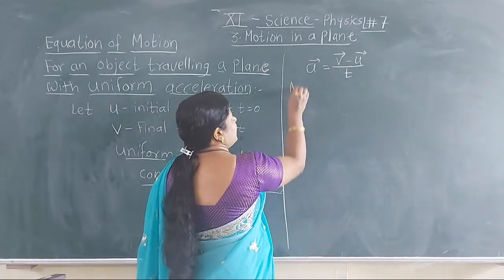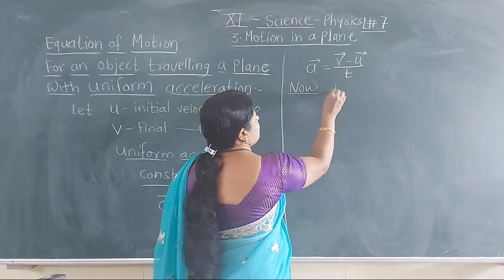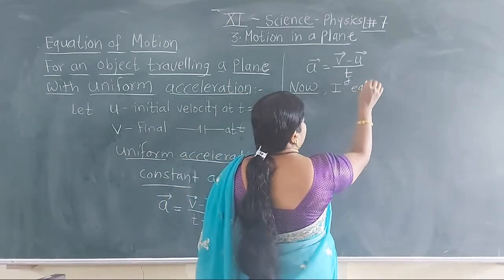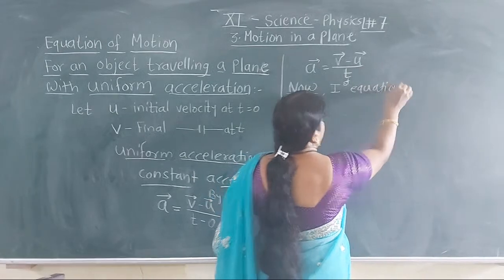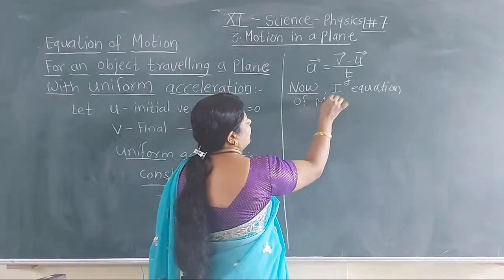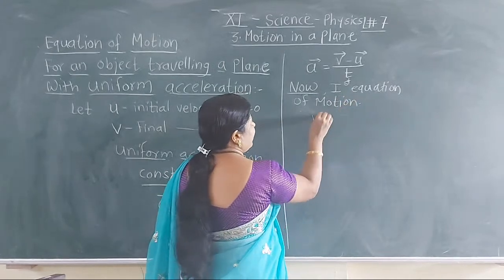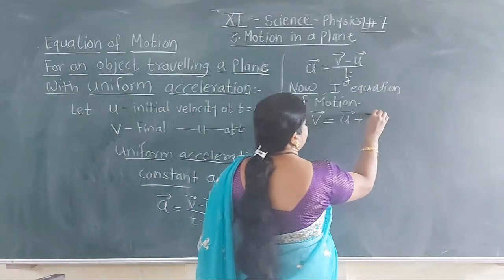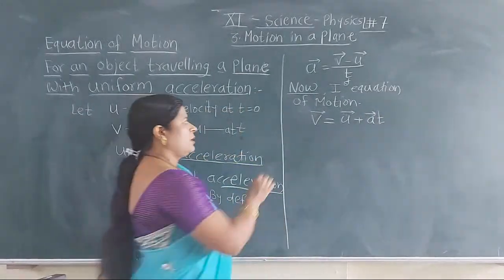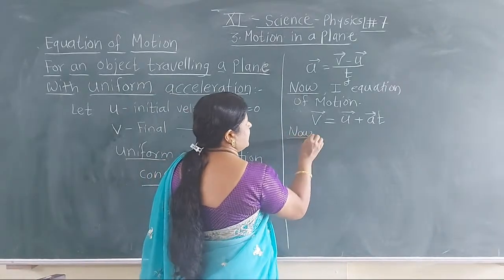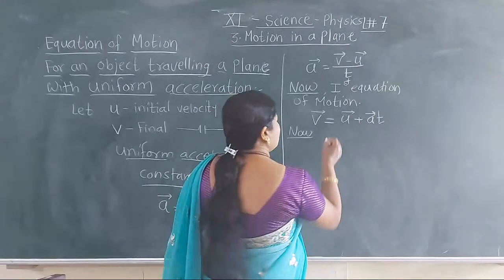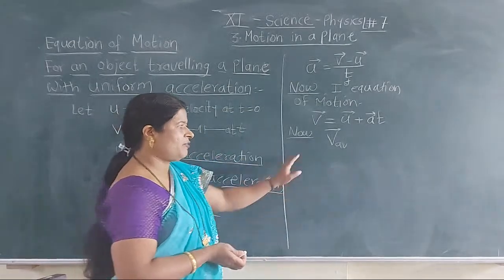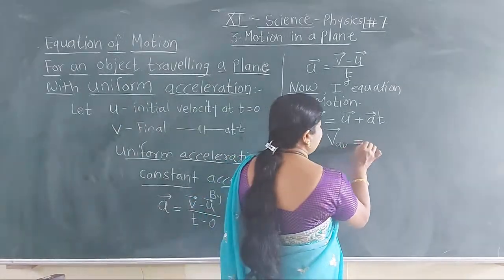Now we know the equation of motion. We know the first equation of motion: vector v is equal to vector u plus vector a into t. Now we get the average acceleration. For average acceleration, the velocity is v average, and how do we get the average?